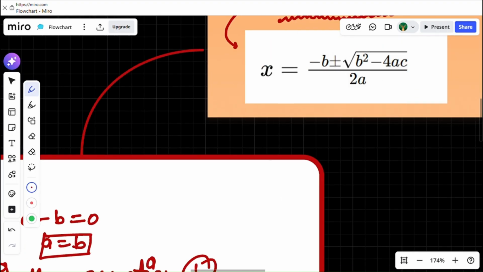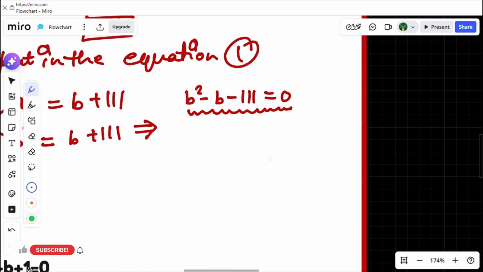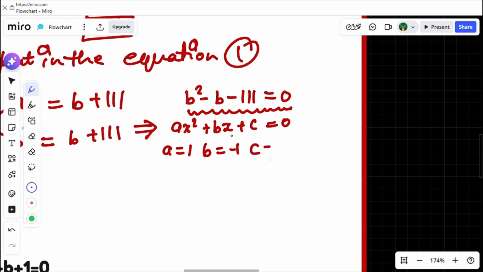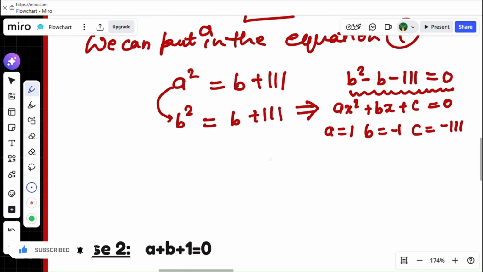Comparing to ax square plus bx plus c is equal to 0, a is equal to 1, b is equal to minus 1, and c is equal to minus 111.